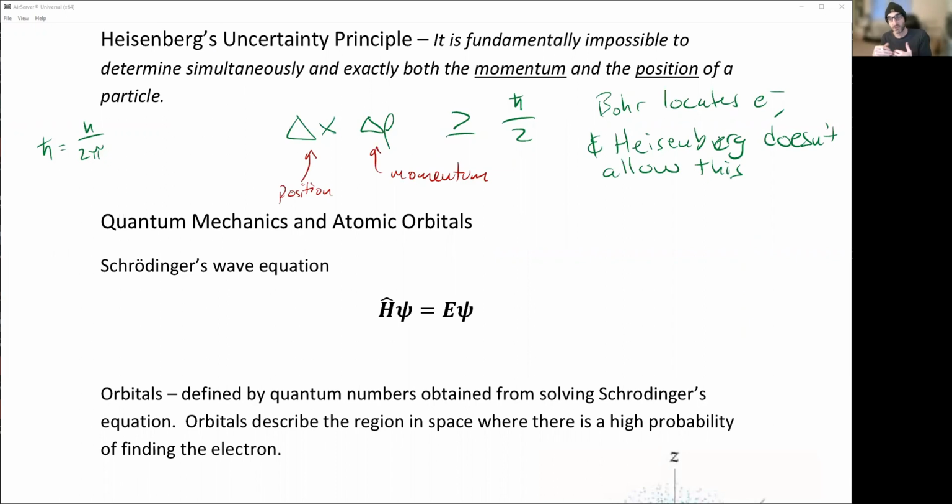This sends us down the road of quantum mechanics, where the momentum and position are not known exactly. So, quantum mechanics and atomic orbitals.